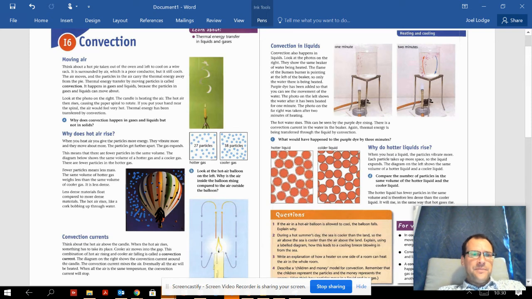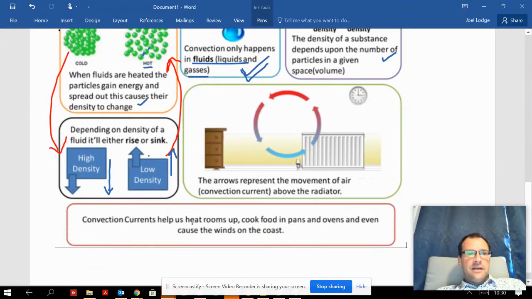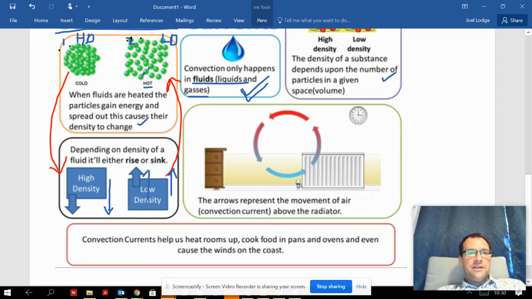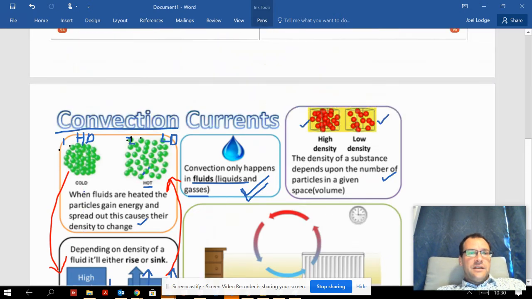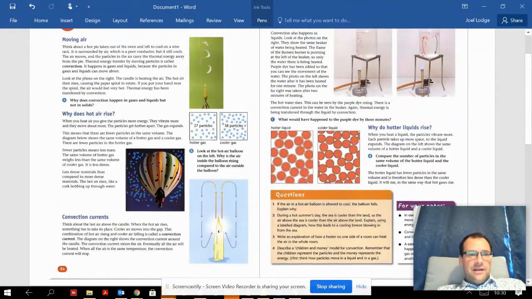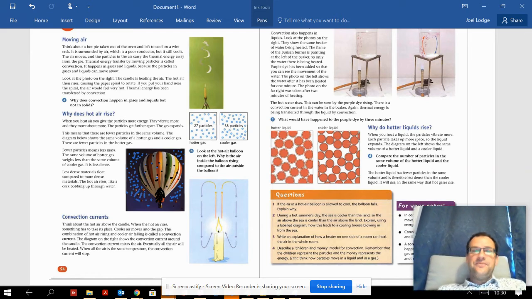So what's going to happen to the hot air balloon if the air inside is less dense than the air outside? You're right, it's going to rise, isn't it? We've just seen down here, low density rises. So the balloon is lower density than the air around it. It will rise until it becomes the same density as the air surrounding it, and then it will just stay where it is. So that's a really cool application of convection currents.